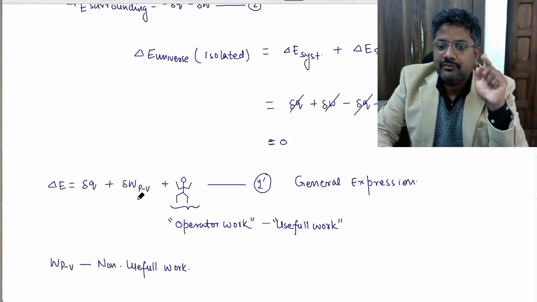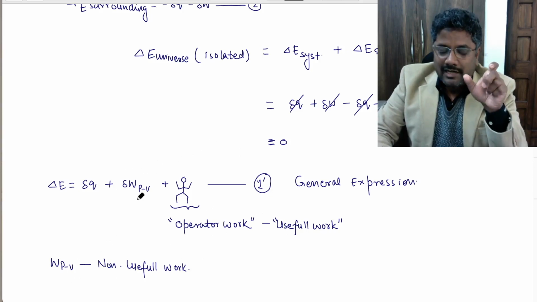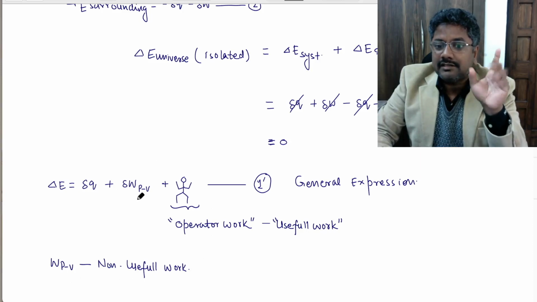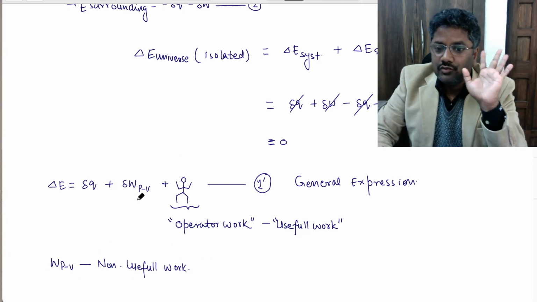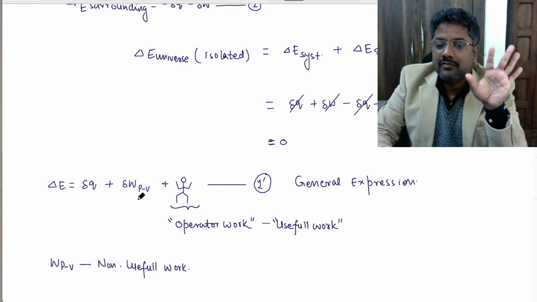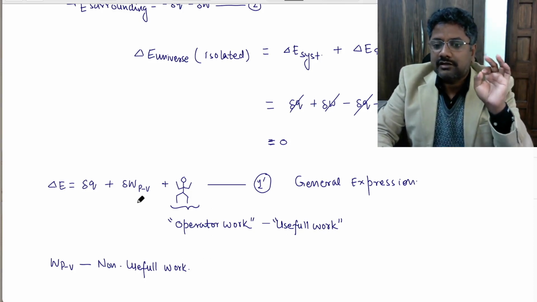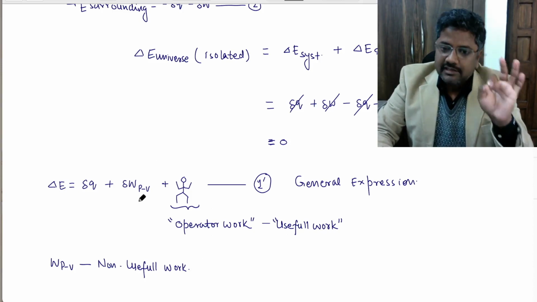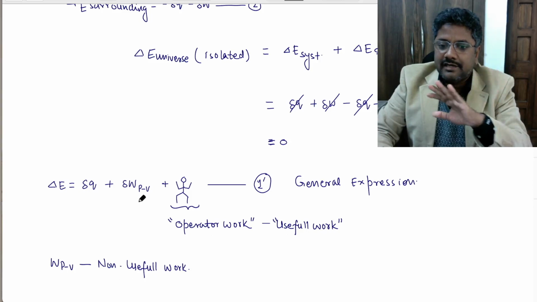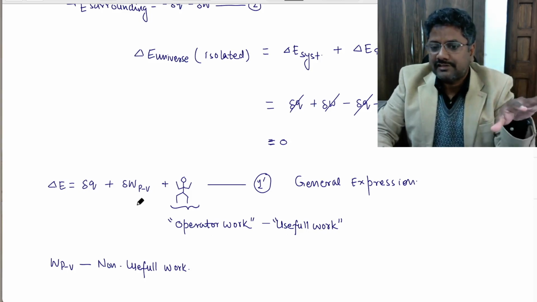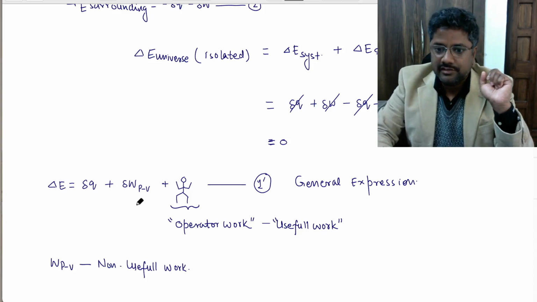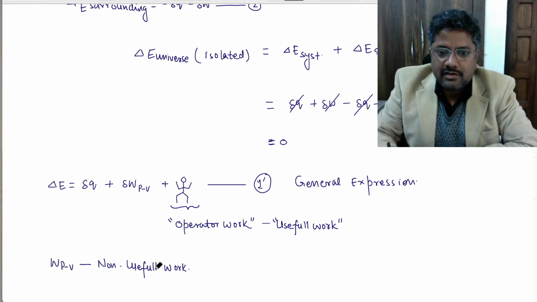And one more thing, if you are taking a constant volume system, pressure shoots up very high, and if the walls of the container are not strong, then there is a case of danger. So usually we prefer a constant pressure system for monitoring any physical or chemical change, not a constant volume system. Constant volume systems are not practical systems. Practical systems are constant pressure systems, and everything around us happens under constant pressure, which is the atmospheric pressure. So this PV work is called non-useful work.